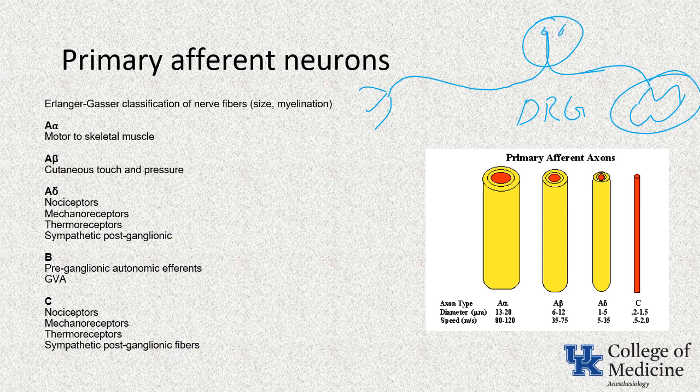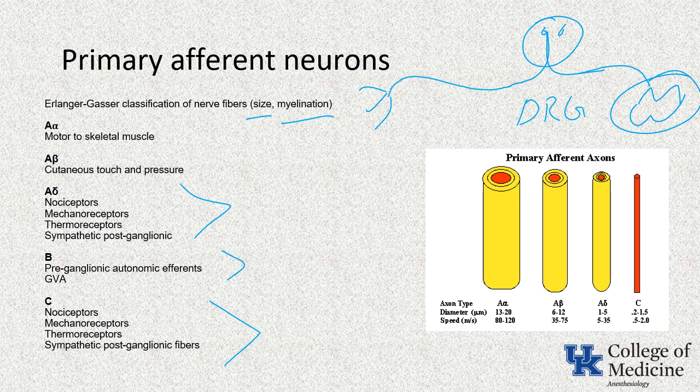Of note, the primary afferent neurons are of different types: A delta, C, as well as B fibers. So these differ in their size and myelination status.